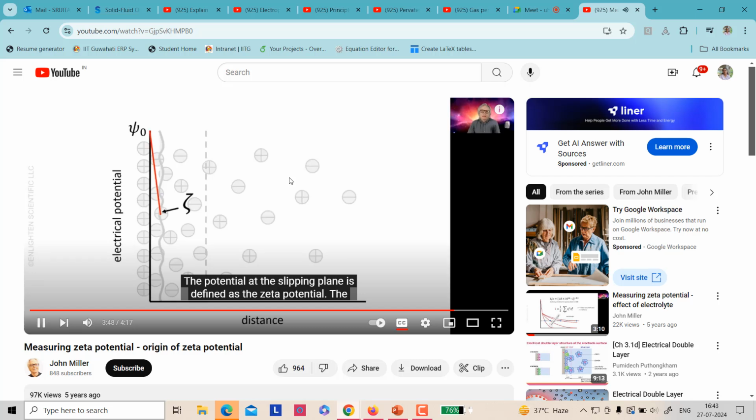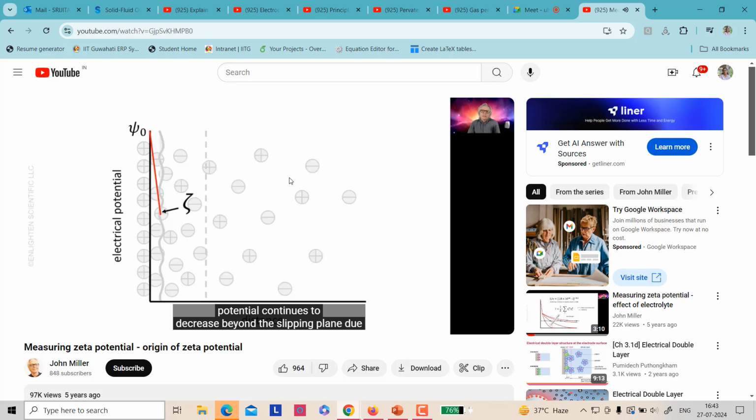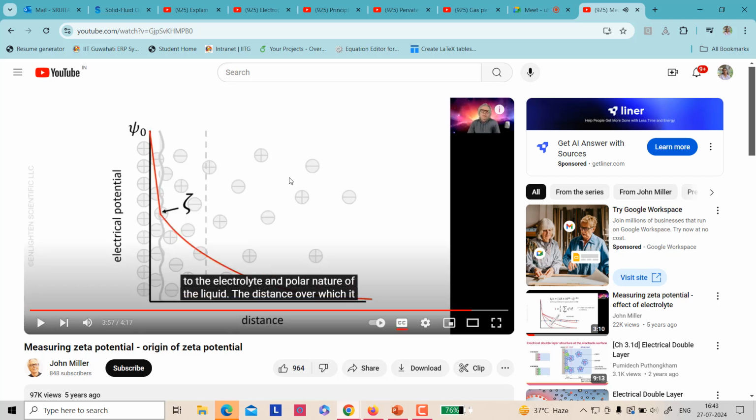The potential continues to decrease beyond the slipping plane due to the electrolyte and polar nature of the liquid. So you can see that the potential decreases further from the zeta potential until it reaches the neutral zone, and that is how we get the electric potential versus distance curve.